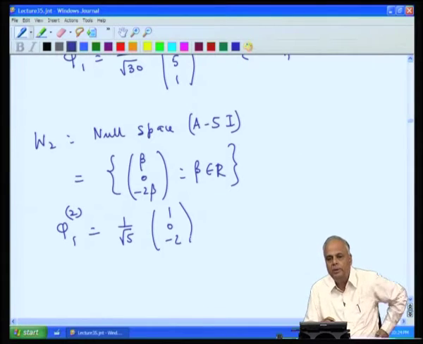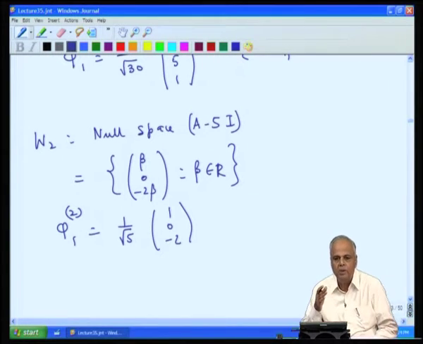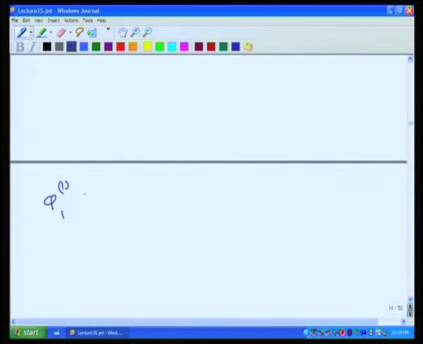Now, in the decomposition only the eigenvectors corresponding to the non-zero eigenvalues appear. So, we do not have to worry about W 3 because W 3 is the eigenspace corresponding to the eigenvalue 0.